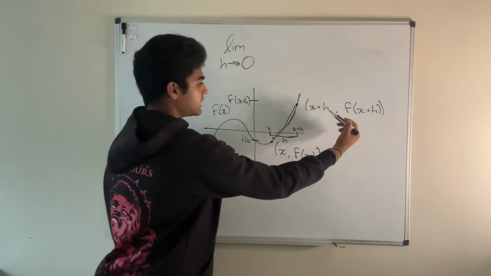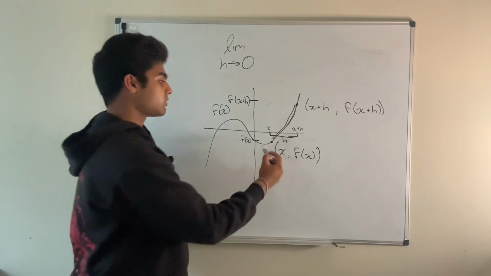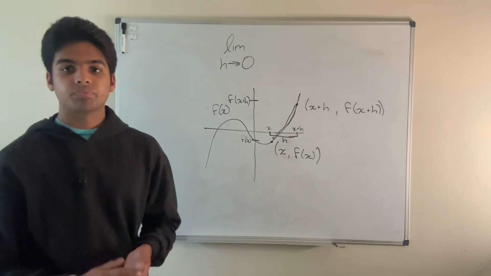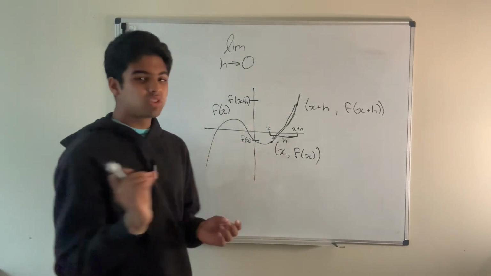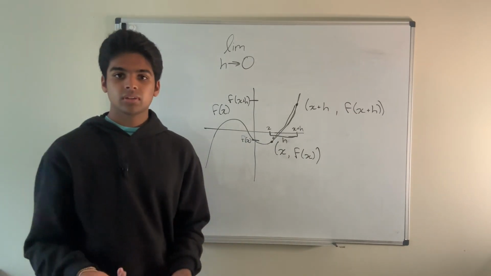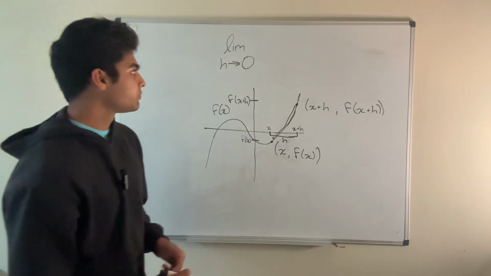And that's going to make these 2 values almost the same, which is going to give us the slope of our tangent line. Because if we have the slope equation, if we have 2 really close points, like infinitely close points, then that's just going to give us the slope of the tangent line at this point.